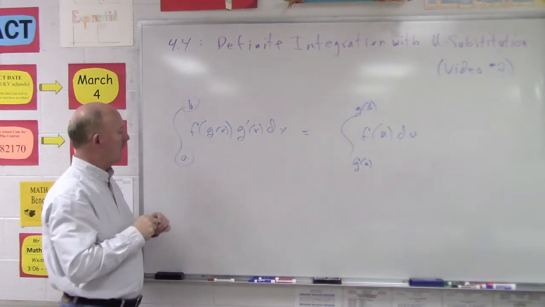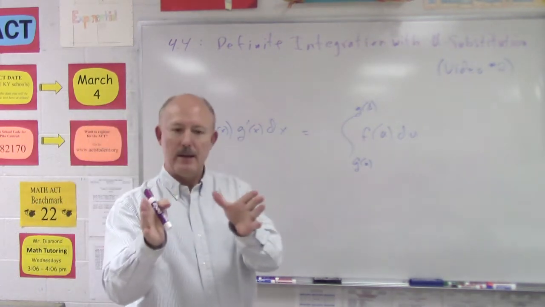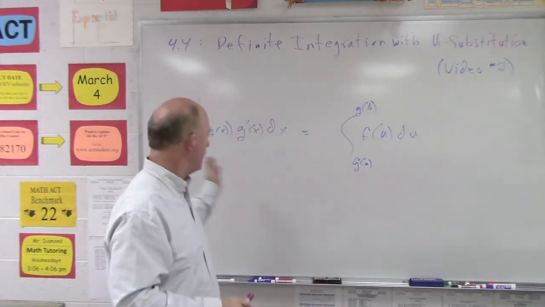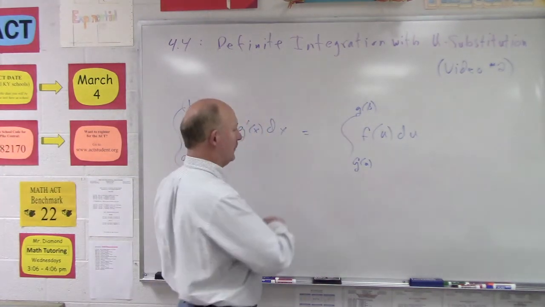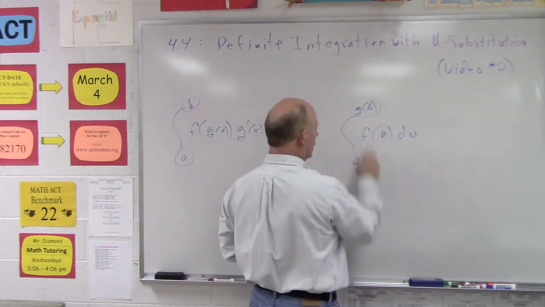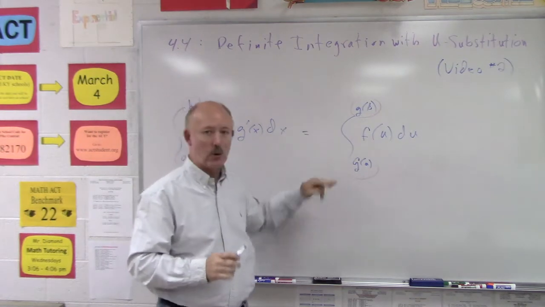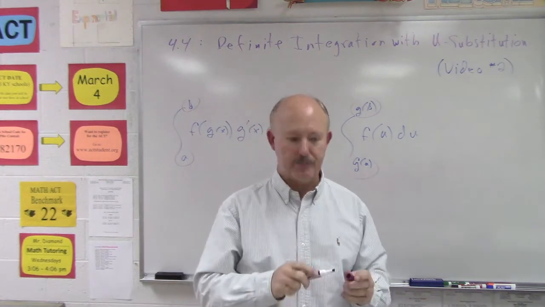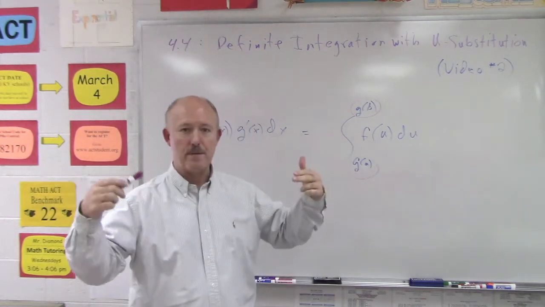Everything has to be converted from an integral in terms of x or t or whatever the original variable is to an integral in terms of u. That includes your integrand, the dx, and the upper and lower bounds. So those need to be converted to in terms of u also. So, without any pause, let's go ahead and get started with our first example.